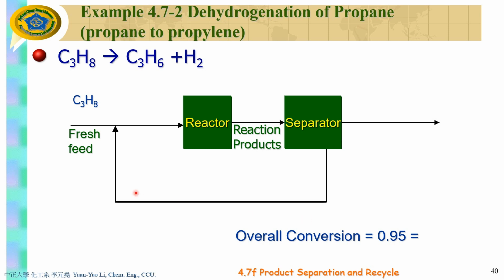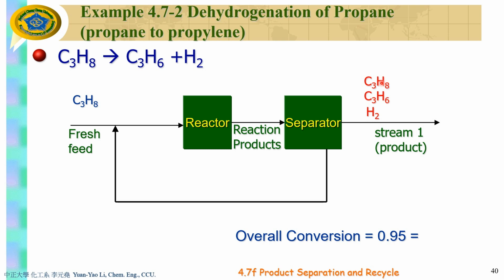According to the description, we understand the reactor product, which is stream 1, where we have products. We know the product will be propylene. So you have propane, C3H6, and you have hydrogen.